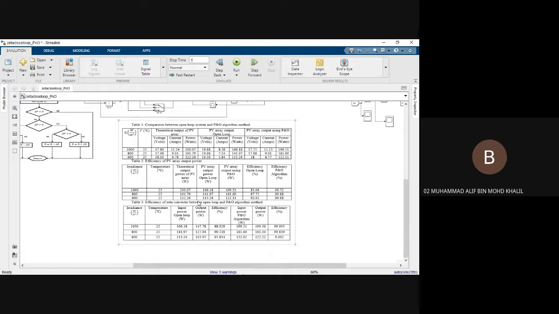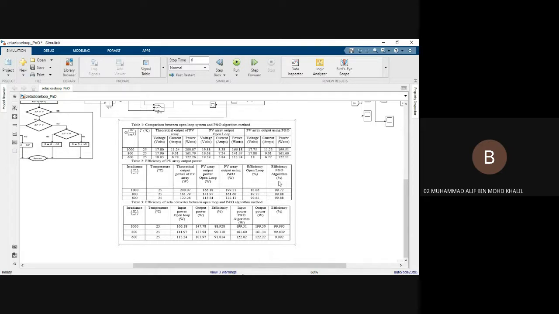Here is the efficiency of the PV array output power. As you can see, the efficiency of the open loop only reaches 83.06 for the 1000, while 800 reaches 77.75, and 600 reaches 92.62. So the lower the irradiance, the greater the efficiency, but if the irradiance is much higher, from the pattern here, the efficiency will drop.